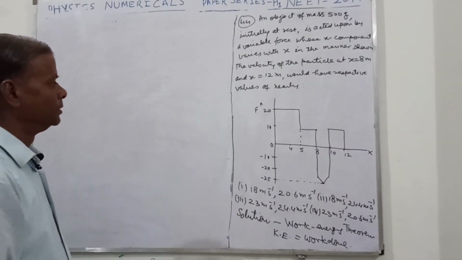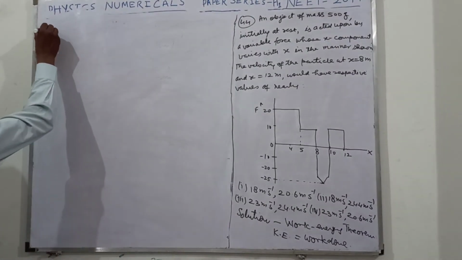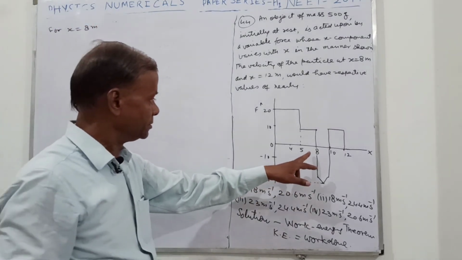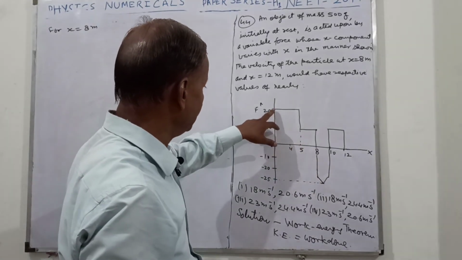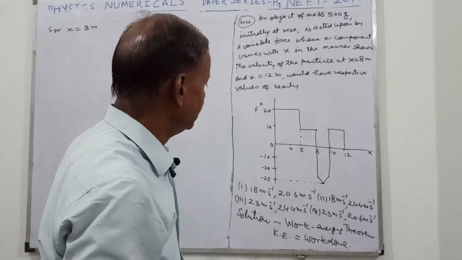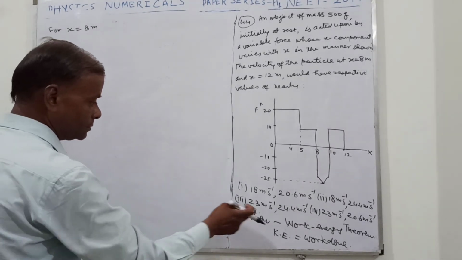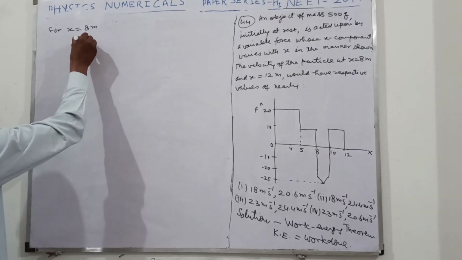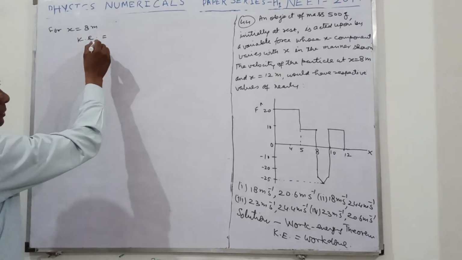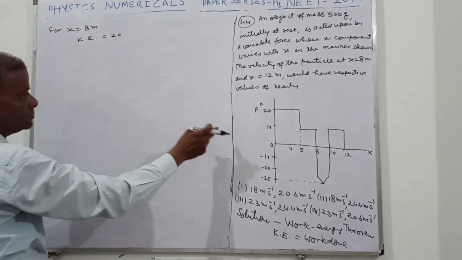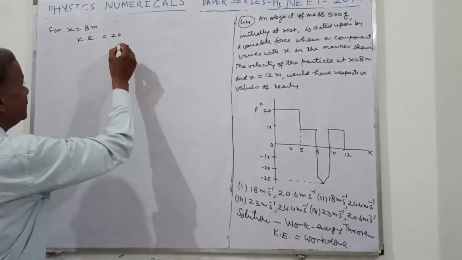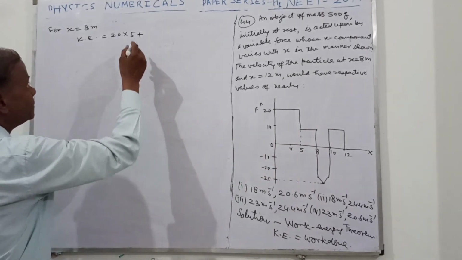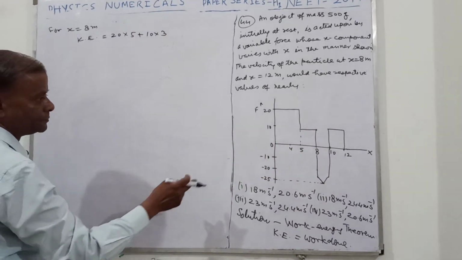So now for x equal to 8 meter, x equal to 8 up to this one, the area will be that this so much area and so much area, that must be equal to the kinetic energy. So this kinetic energy equal to, this is your 20 and this is now your 5 plus this is now your 10 into 3, so much.